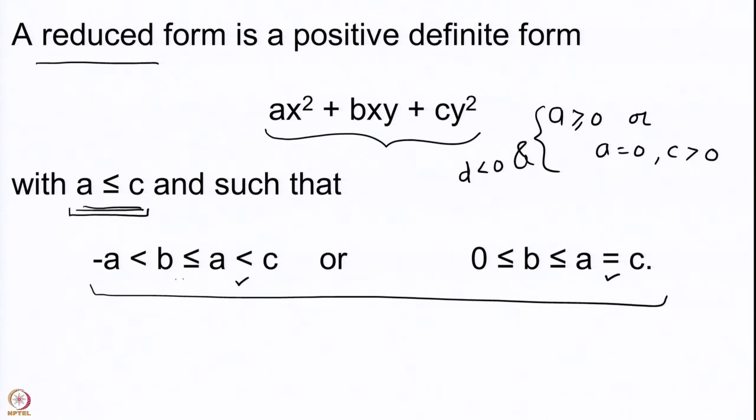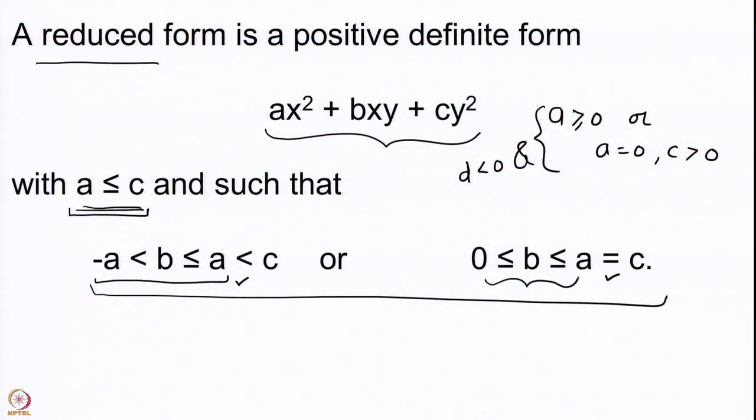If a is strictly less than c, we allow b to go from minus a to a, we allow it to be equal to a but not to minus a. And if a and c are equal, then b has to be a non-negative number, it can be from 0 to a. So, this is the definition of a reduced binary form, which is by definition a positive definite quadratic form.